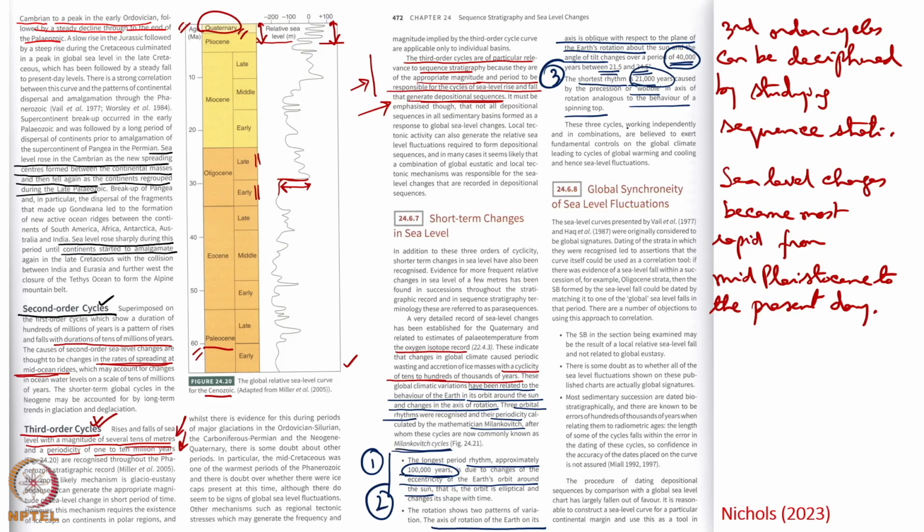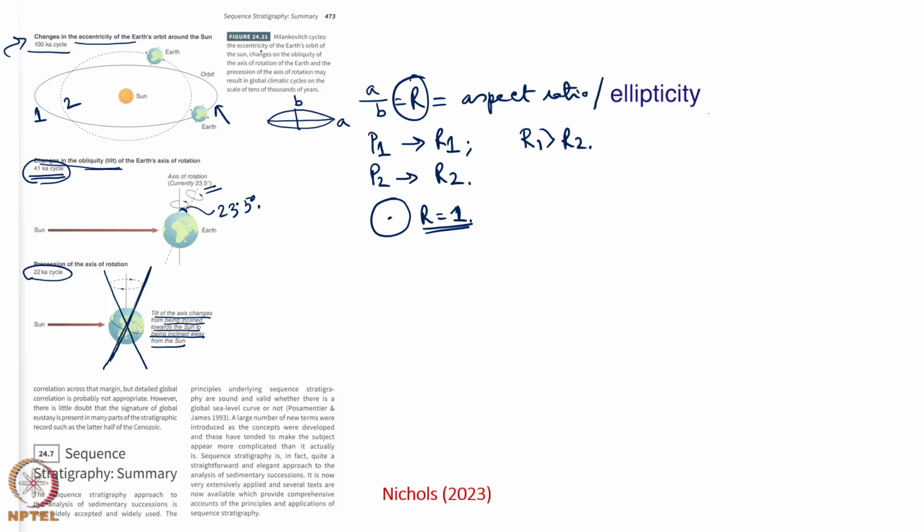Now, these cycles working independently and in combinations are exerting fundamental controls on the global climate, leading to cycles of global warming and cooling, and hence sea level fluctuation. The Milankovitch cycle can be broken into three parts: the eccentricity of the Earth's orbit, change in the obliquity of the axis of rotation of the Earth, and precession of the axis of rotation.